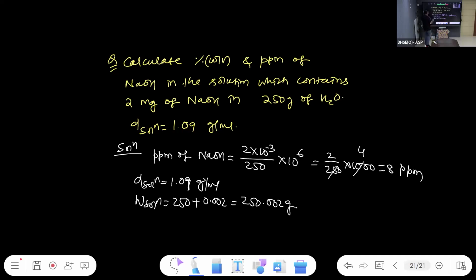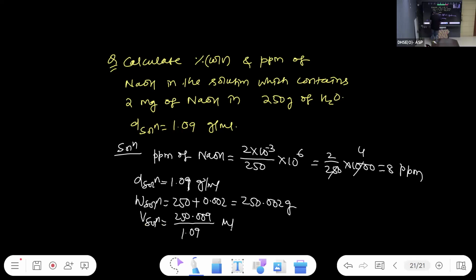This is the mass of the solution. So volume of solution is calculated as mass upon density, 250.002 divided by 1.09. Okay, so this is in milliliter.